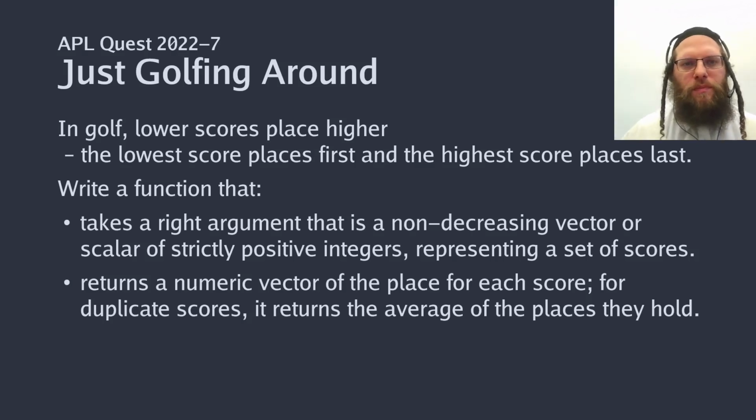However, the twist here is that if people score the same, then they need to get the same place, and all the slots that would be taken if they were different are still taken. So then instead, there are certain positions that don't happen, and instead everybody gets the average of what they would have gotten had they been different.